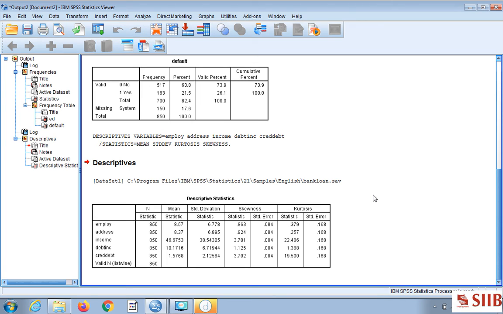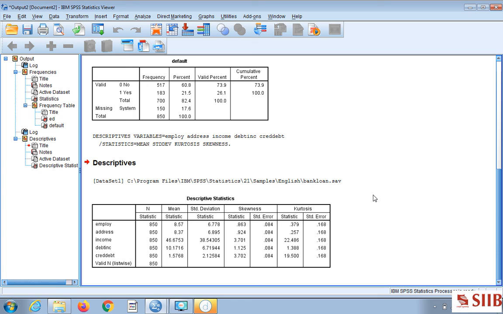Similarly, kurtosis. Kurtosis gives you the shape of the curve once you plot the data. It compares against the normal curve, where normal curve means symmetric curve. Any curve which is more peaked than the normal curve is called above the normal curve, and a curve flatter than the normal curve is also called a flat curve.